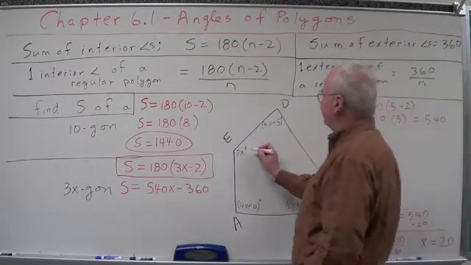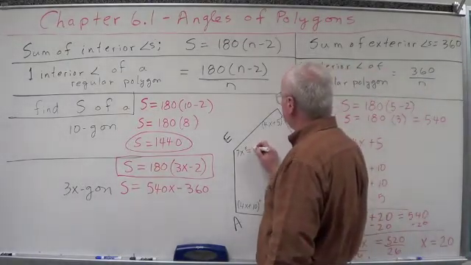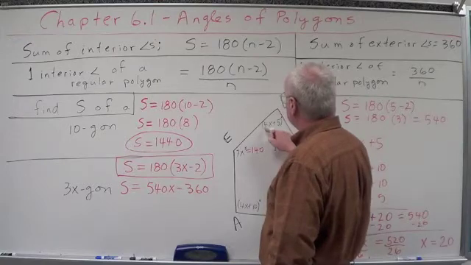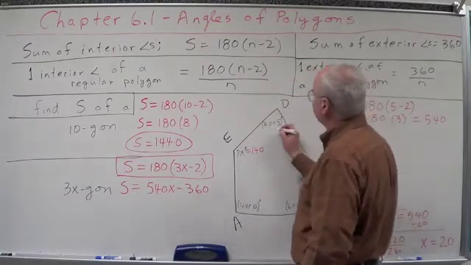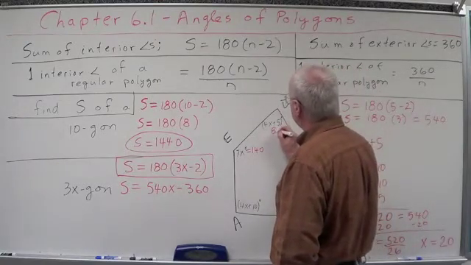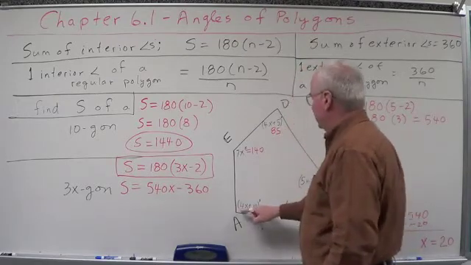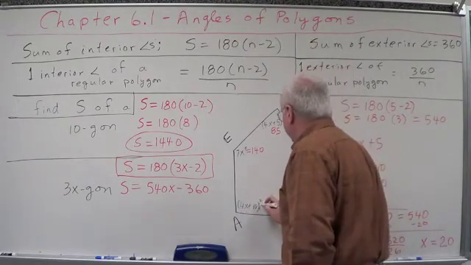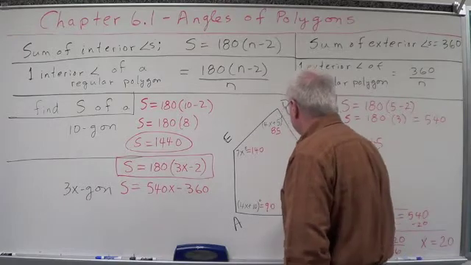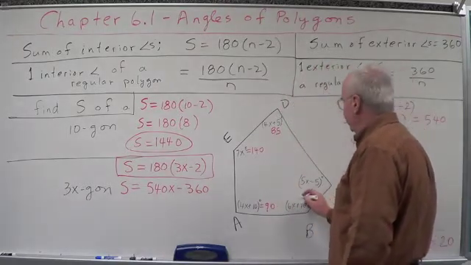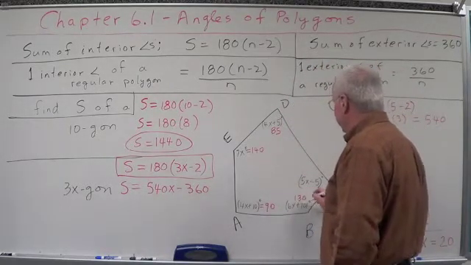So let's add these up. 20 times that is 140. 20 times that would be 80 plus 5, 85. That's 80 plus 10 equals 90. 120 plus 10 would be 130.